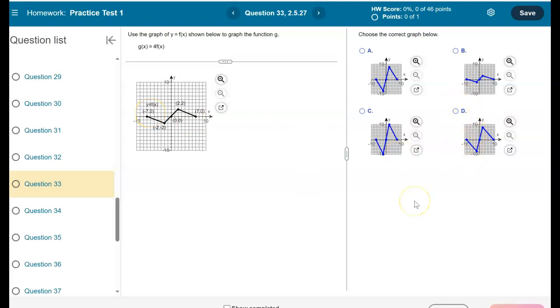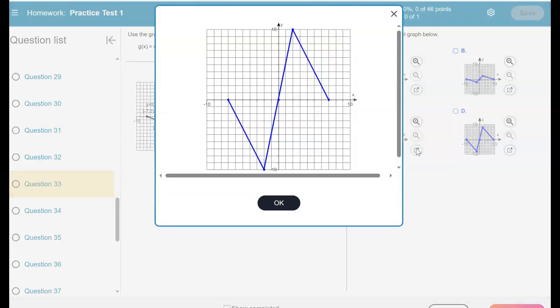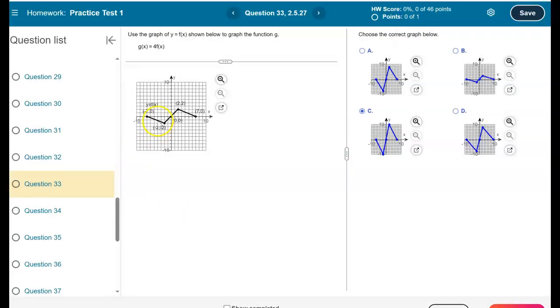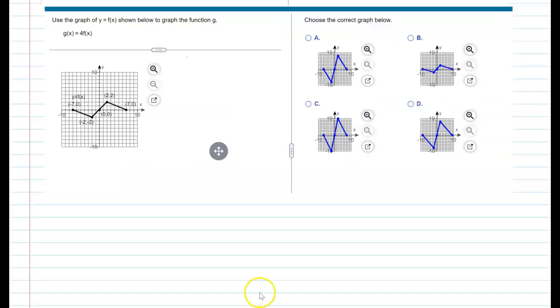If you look at the choices, you should be able to find it, so let's examine them. Negative 7, 0 would still be on the curve. So 1, 2, 3, 4, 5, 6, 7. Looks like, yeah, this is negative 7, 0. Now let's look at each of these points and see where they go.